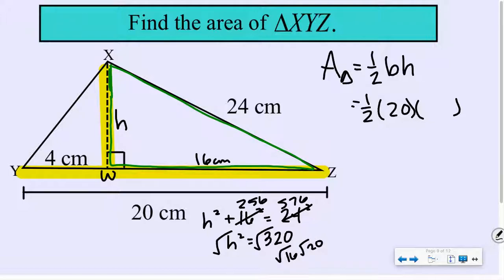Square root of 16? 4. Can I break 20 down? What perfect square goes into 20? 4. How many times? 5. Square root of 4. So now we got 4 times 2 times the square root of 5, and 4 times 2 would be? Alright. So the height is 8 square root of 5.